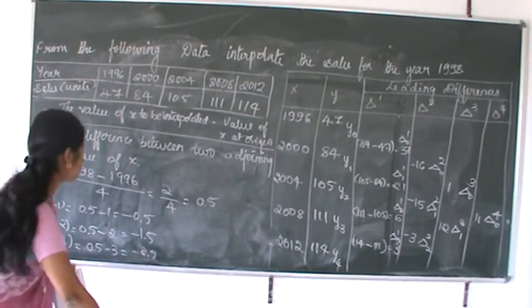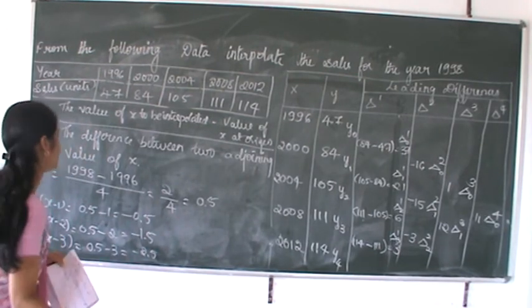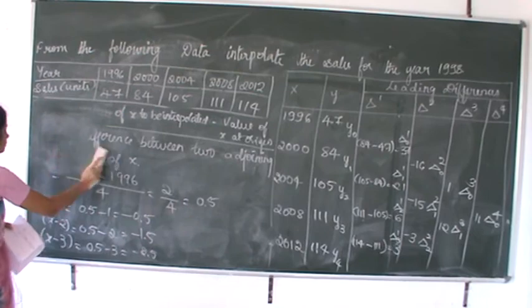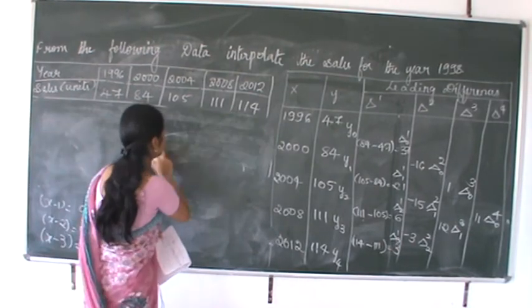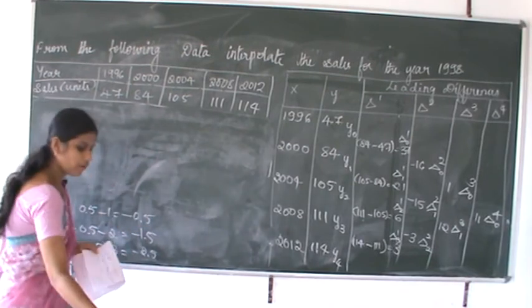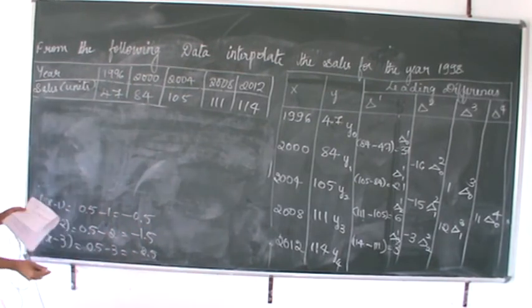So these are the values of x which we have calculated. Now we will apply the formula and substitute the values. What is the formula of Newton's advancing difference method?